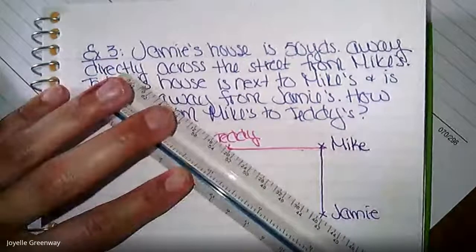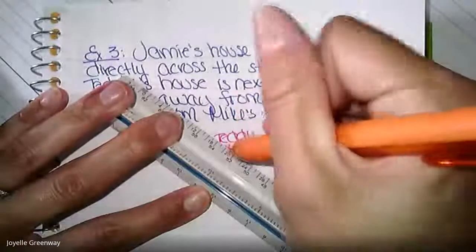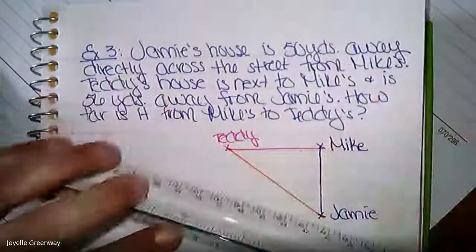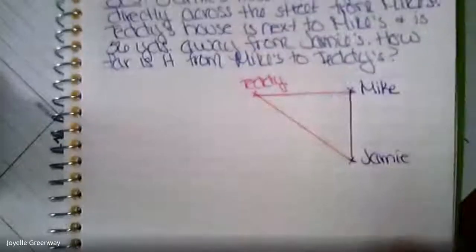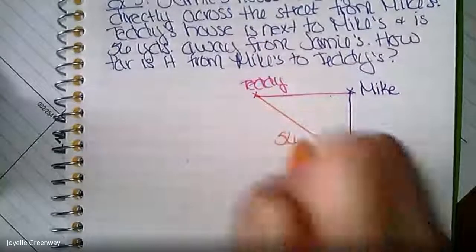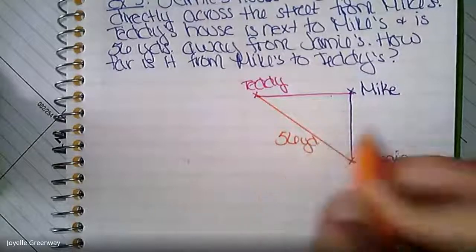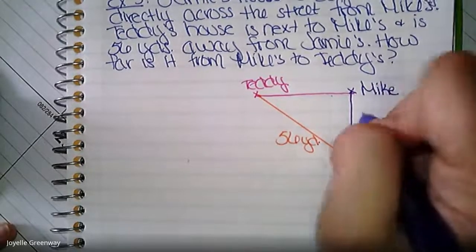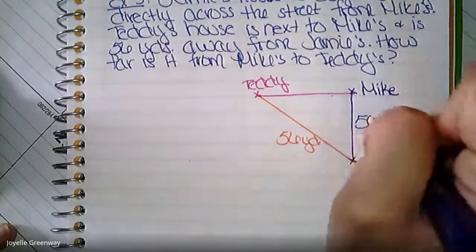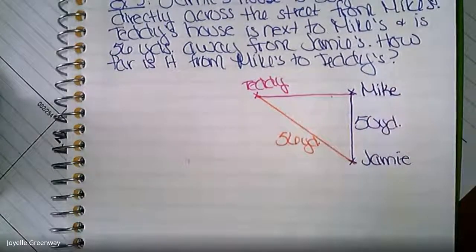So from Teddy's to Jamie's house, it is 56 yards. So this one was 50 yards. Okay.